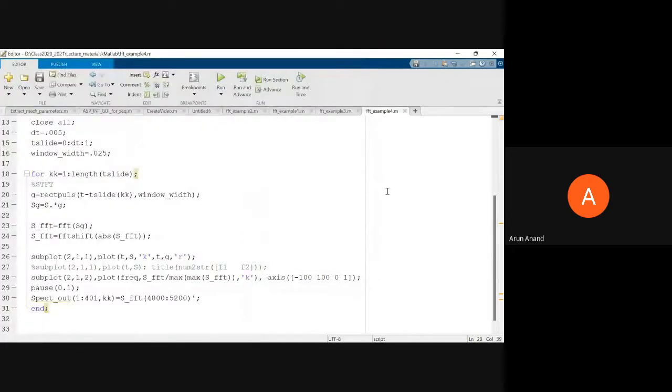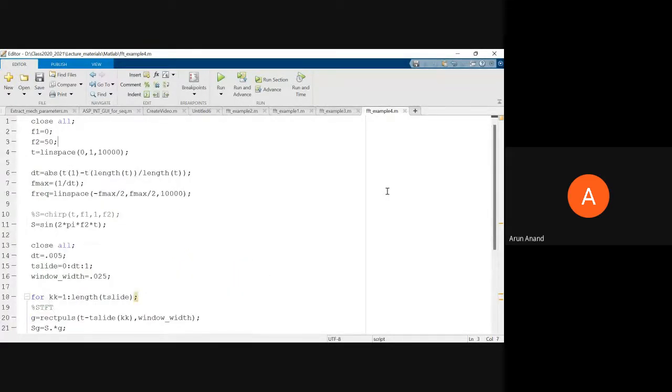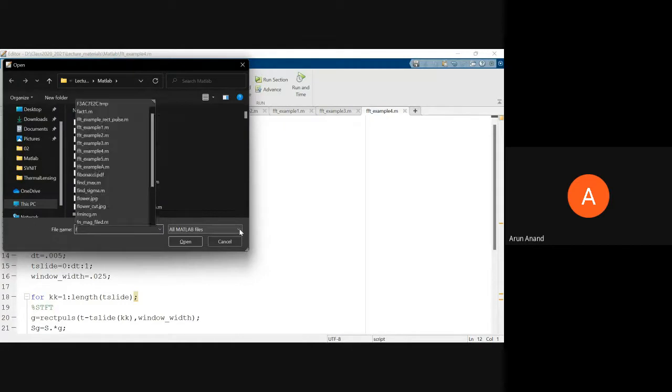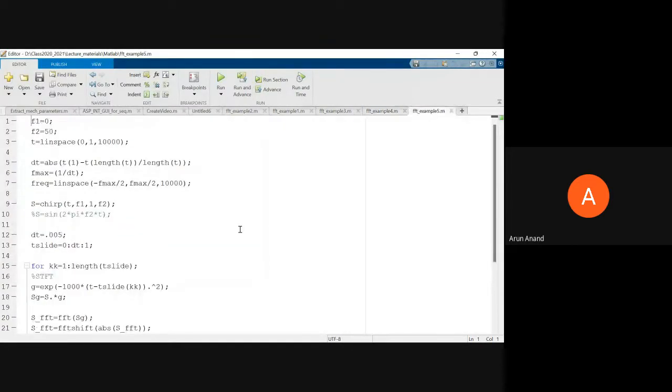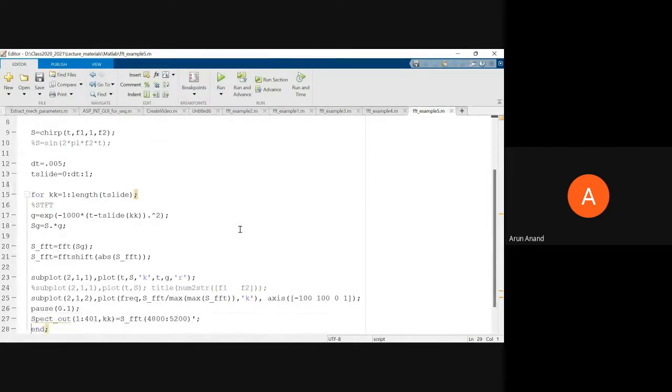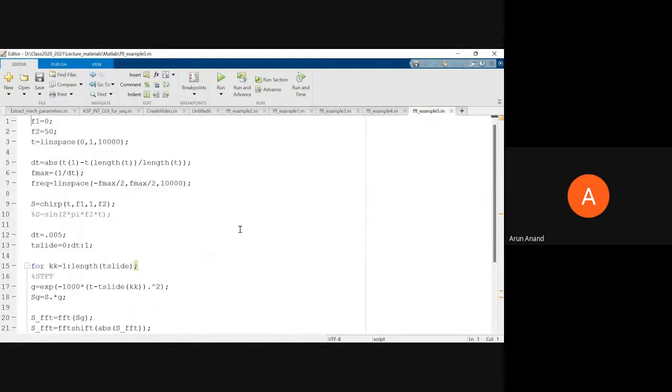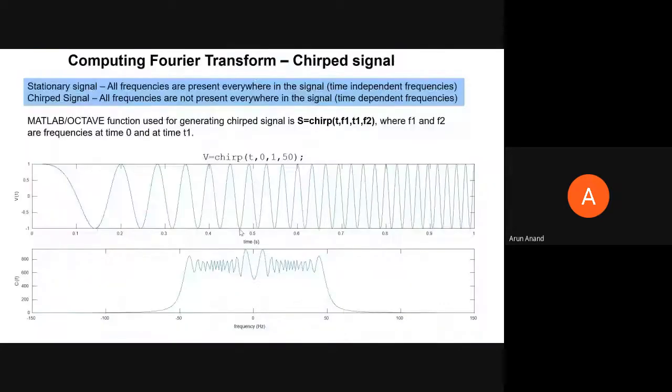This is with the sine wave, right? Because you are creating S, G is your rectangular pulse. I've already created S here as a sine, so that won't work. So this is not the one. I don't remember where it is. Okay, anyway, it doesn't matter.